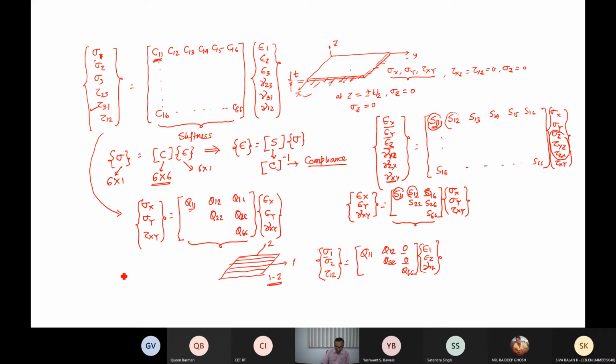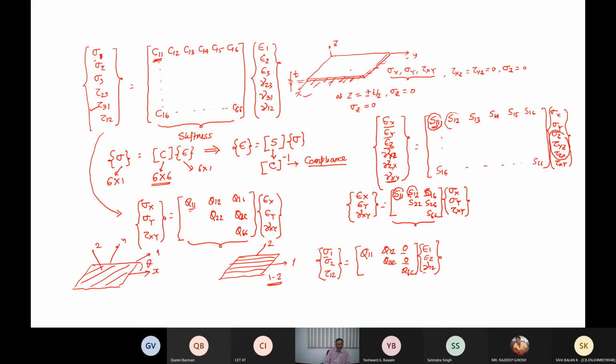Now, when we try to do for a general lamina, where the principal material directions do not coincide with the analysis direction, analysis has to be done in this xy, but the principal material direction does not coincide.